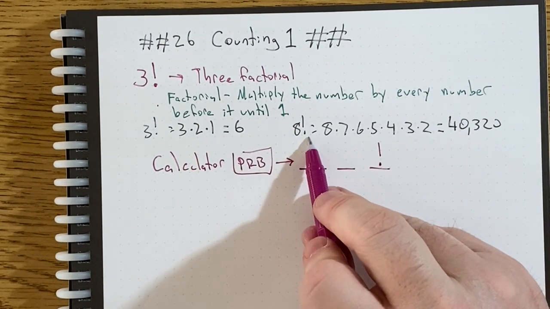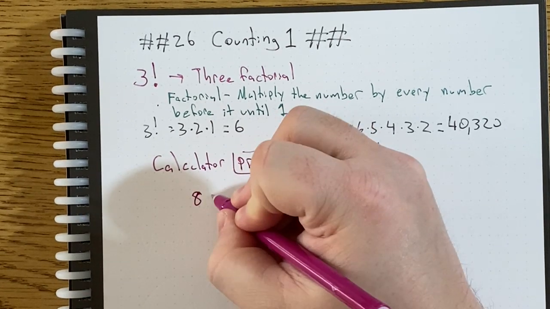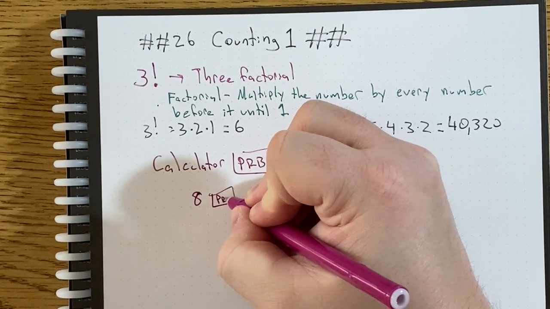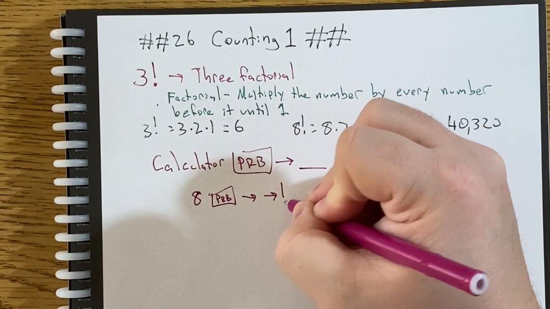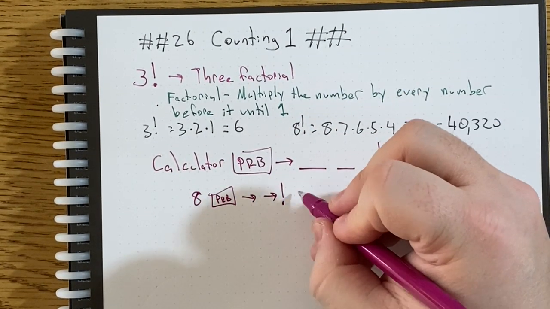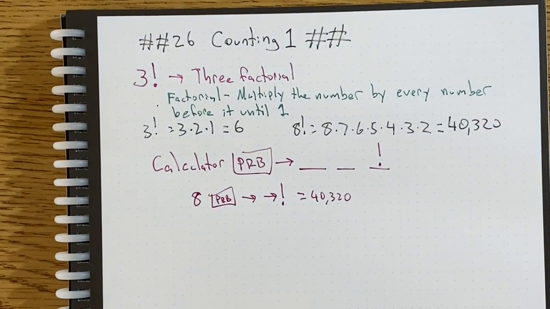So for 8 factorial, if you pushed 8, PRB, and then you went over twice to factorial, that should get you 40,320. So again, I will find my calculator at some point, or I'll drive all the way to school to get one.